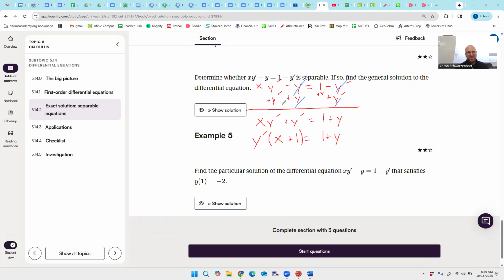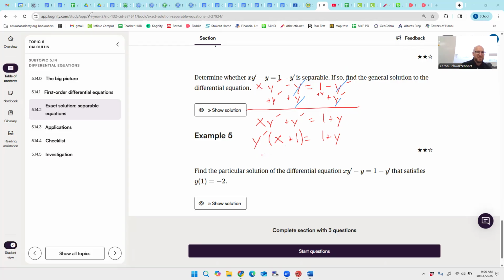So I added y, which moved to both sides up here, which moved it to there. I added y prime to both sides, which moved it here, and then I factored out a y prime. That's just a lot of mess with all of that written there. So I'm just rearranging, lots of algebra.